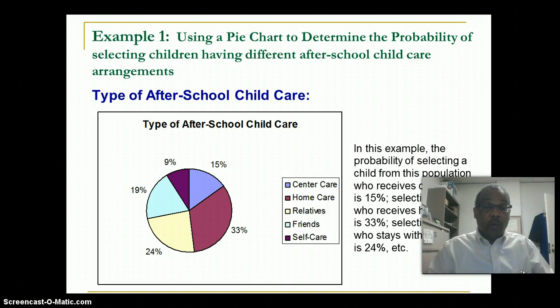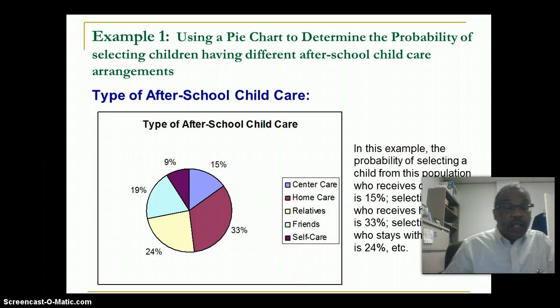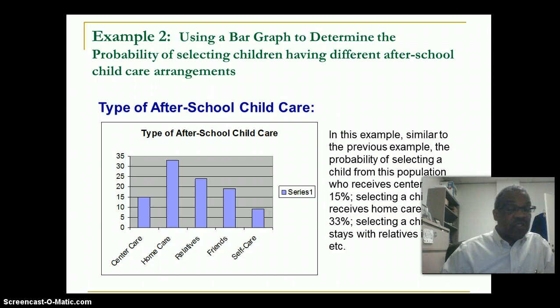Or we might ask, what's the probability of that child receiving care from the home? Well, home care is about 33%, so we would assume that there's a 33% chance that that child receives care from the home. We could illustrate this same data using bar graphs. Ask the same questions, you'll end up with the same answers.